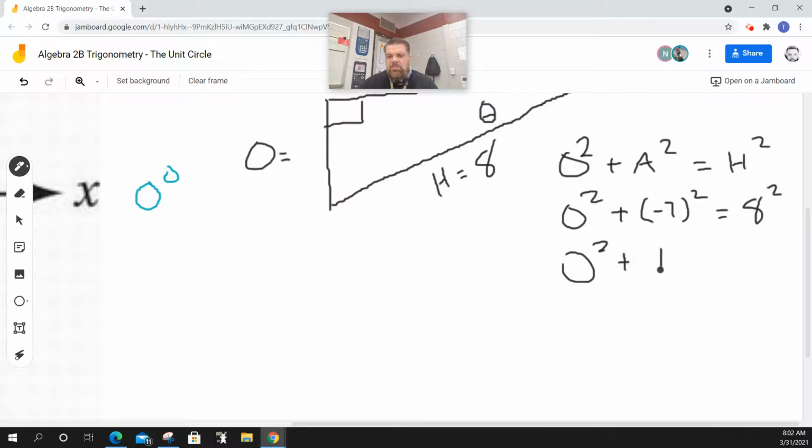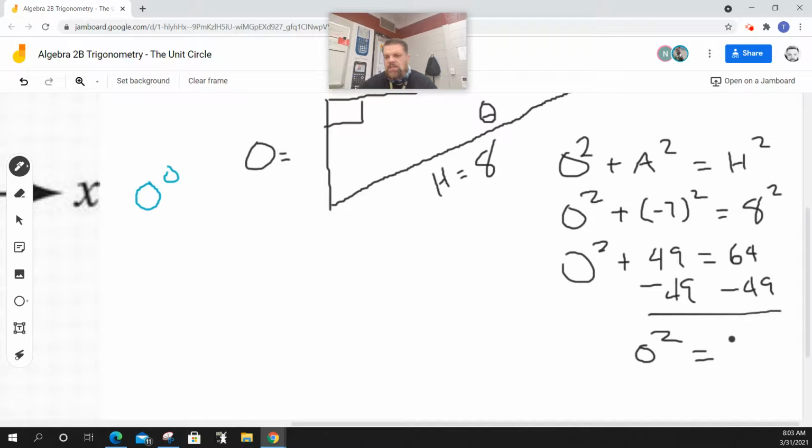The opposite squared plus 49, because -7 times -7 is a positive 49, is equal to 8 squared, which is 64. I'm going to subtract 49 from both sides, and I get the opposite squared is equal to 64 minus 49. I think it's 15. Yeah, it's 15. I was going to pull out my calculator, and then I was like, no.